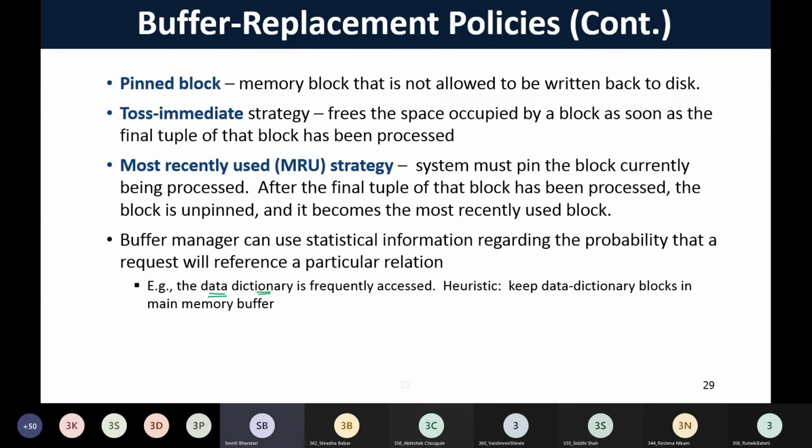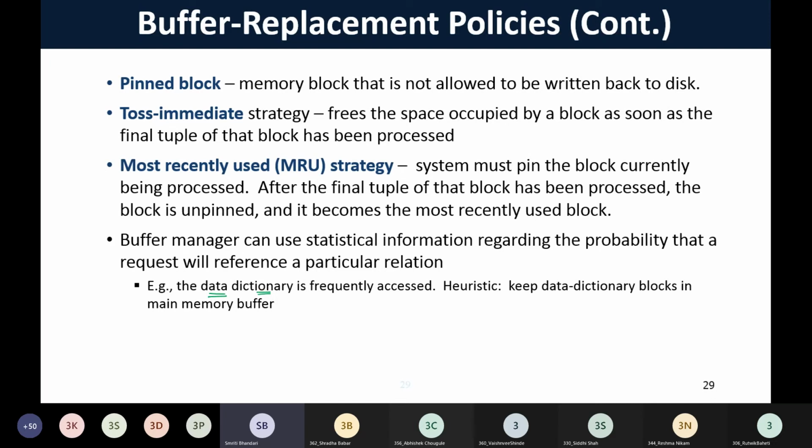Right? So heuristically, the buffer manager, based on the statistical information that it has regarding the probability of requests and use of respective relations and the blocks under those relations, decides which blocks are to be replaced by the buffer replacement policy of the database management system.